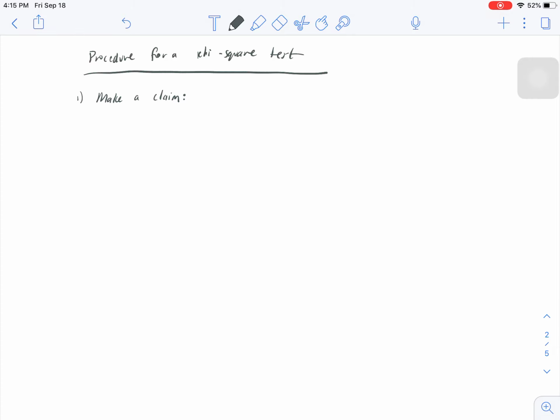And for a chi-square test, we always make the same claim. Our claim is that there is no association, no relationship between our two variables.